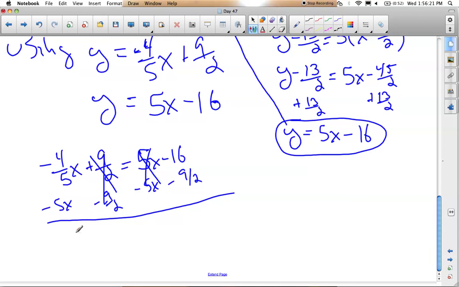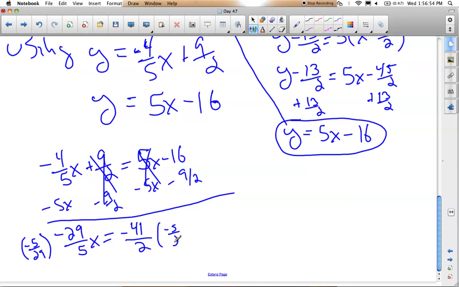So I have negative 29 over 5x equals negative 16 minus 9/2, which is equal to negative 41 over 2. To solve for x, multiply by the reciprocal, negative 5 over 29.